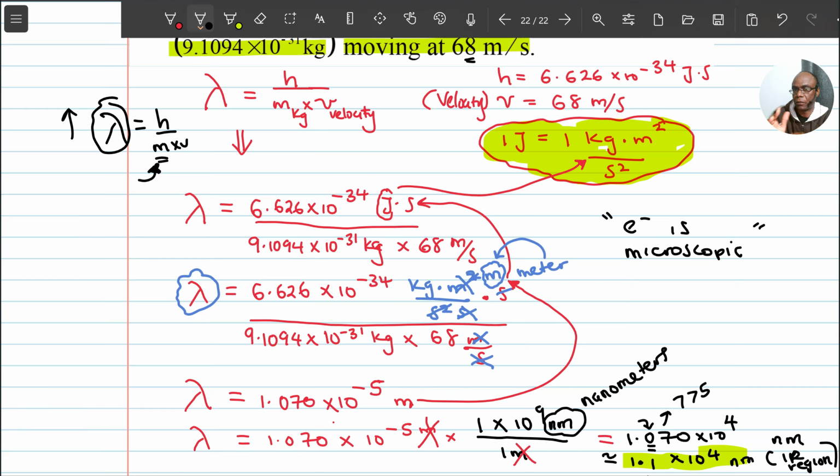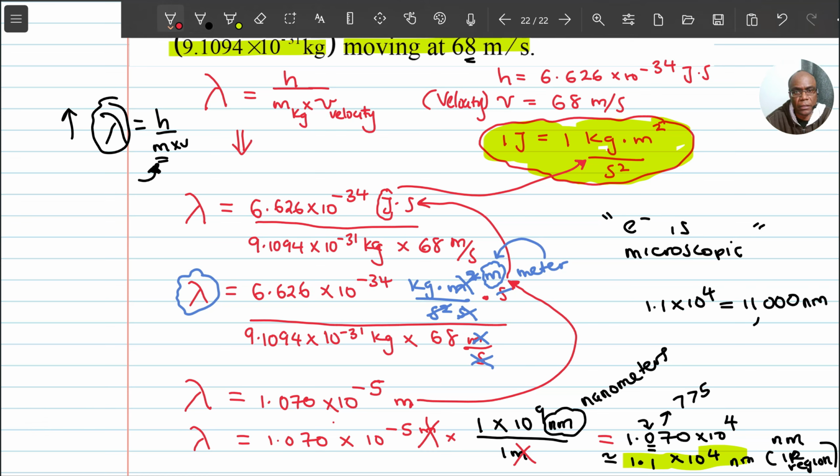A tennis ball had a larger mass, therefore the wavelength was so low, almost non-existent, or you would say non-existent. So a tennis ball, or you and I, or a car, or a truck, or a house, those are macroscopic. They're big, but then an electron is microscopic. It does have a wavelength. It's quite tiny.